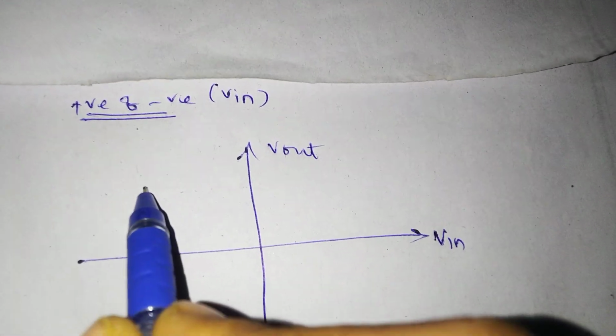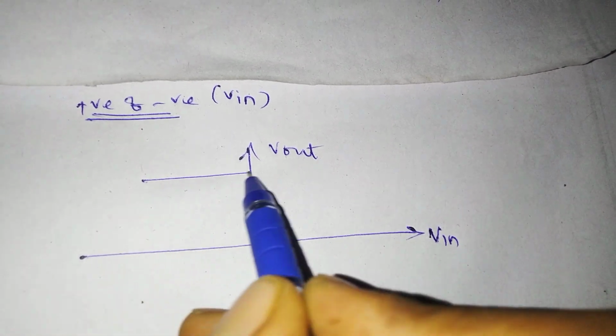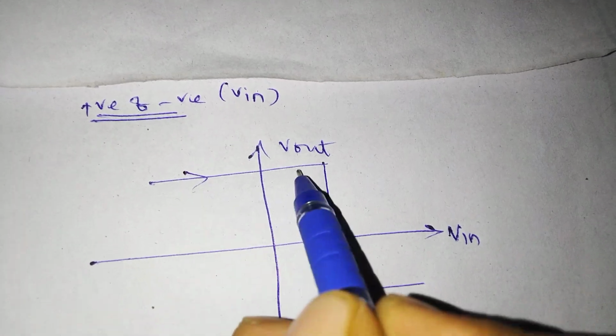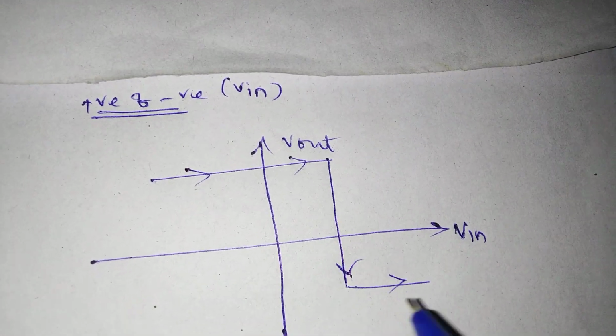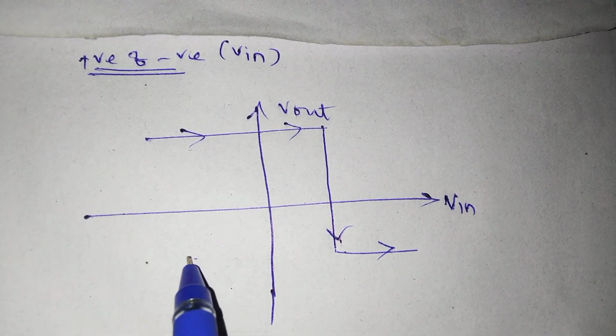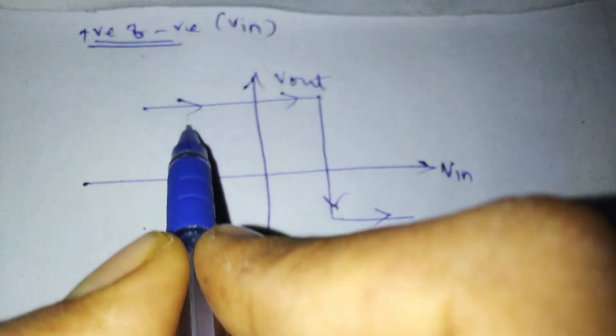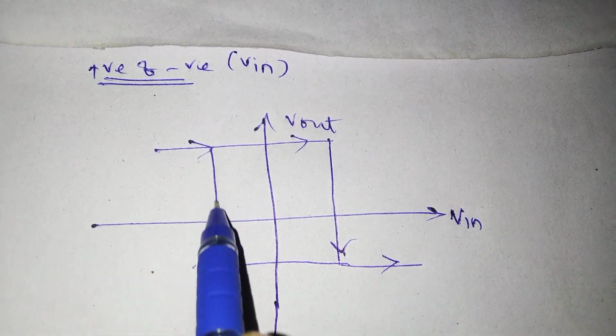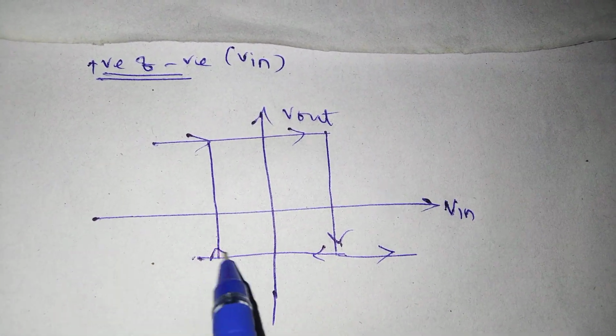For the positive case, the direction seems like this, then for the negative case, we combine both, so the direction is like this.